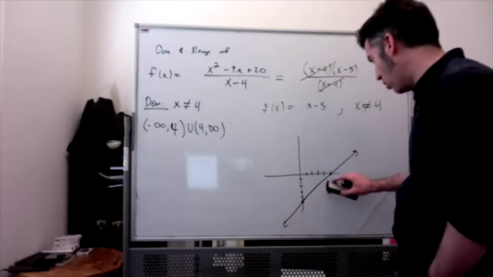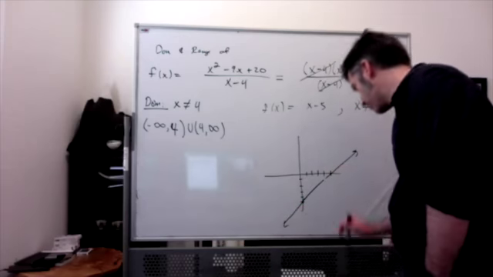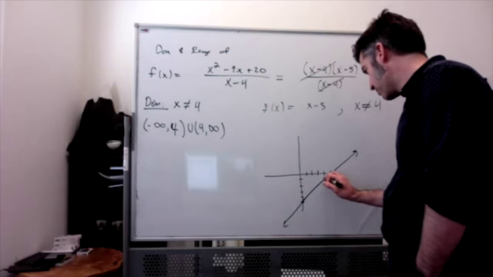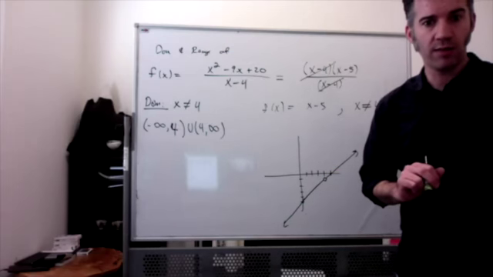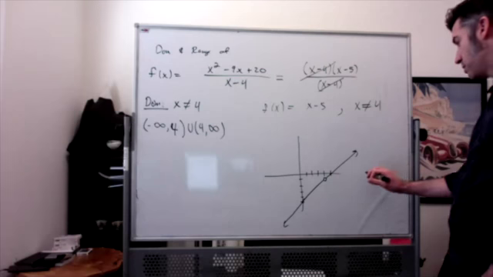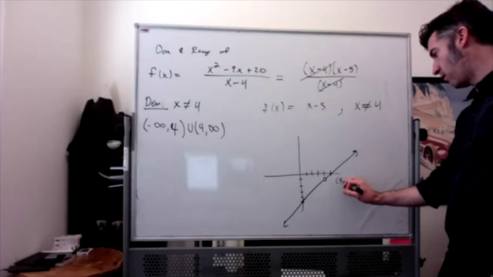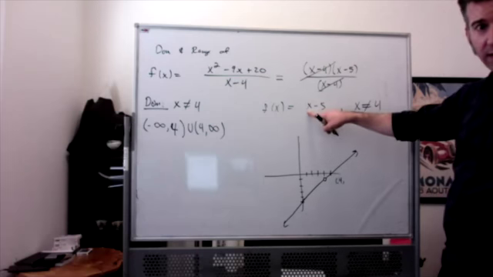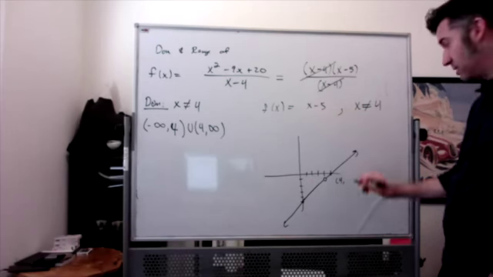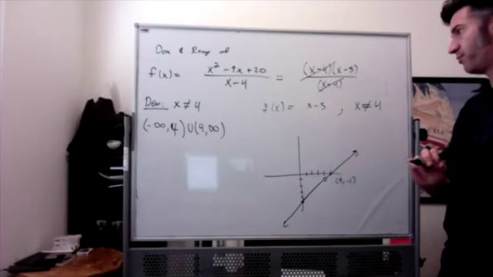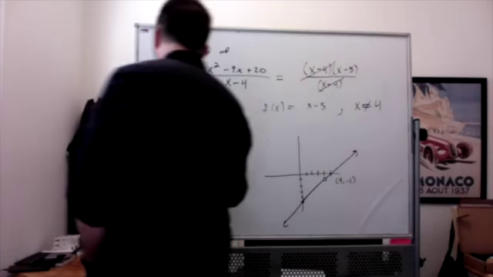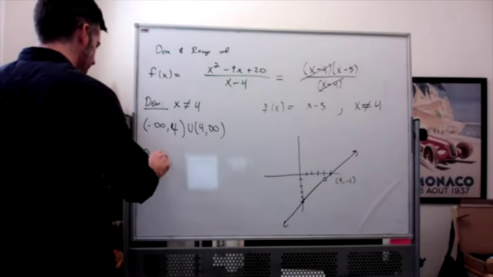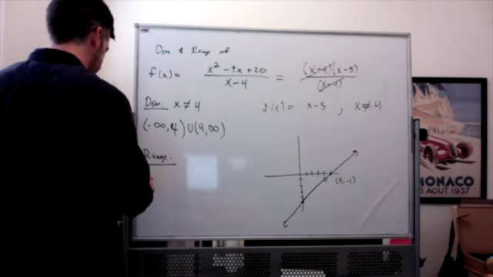But it's got a hole at that point right there, and the hole is at x equal to 4. If you could plug in 4 for x here, 4 minus 5 is negative 1. So the range is everything except for negative 1.